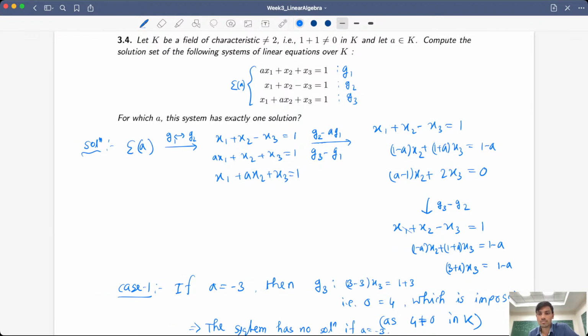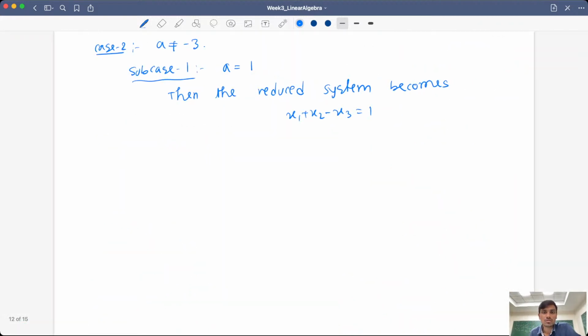In this case also you have 4x3 equal to 0. So 2x3 equal to 0, 4x3 equal to 0.